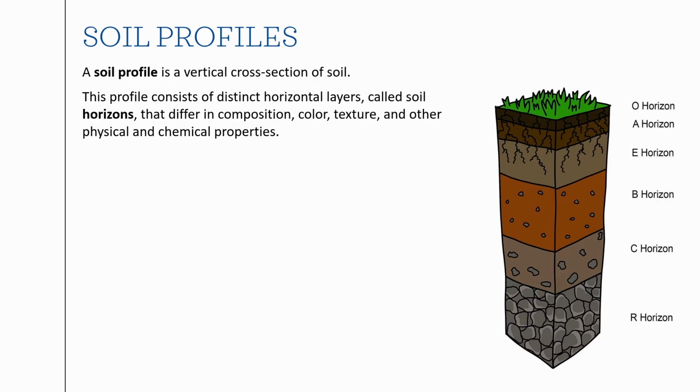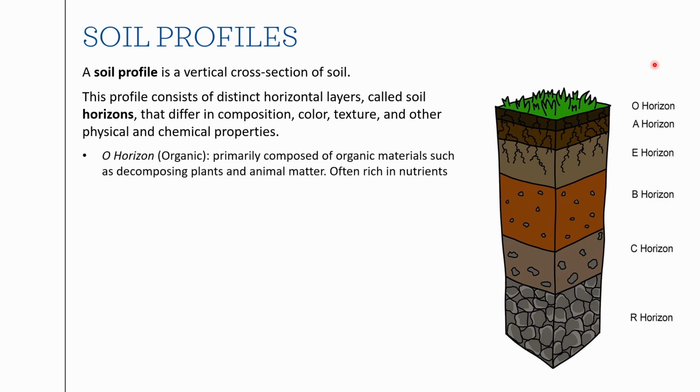Now let's discuss soil profiles, which basically is taking a look at how all those properties we just studied in soil will change as we go deeper into the ground. The specific layers of soil with these different characteristics in composition, color, texture, and other physical and chemical properties are known as horizons.